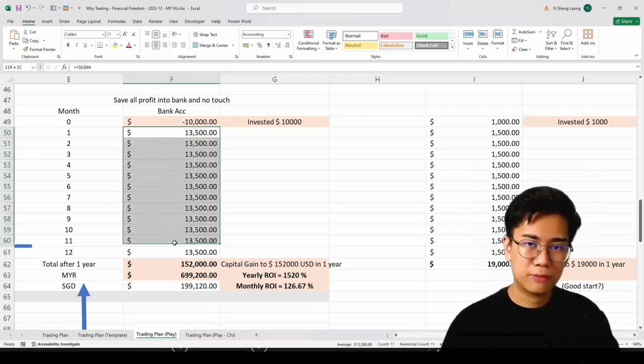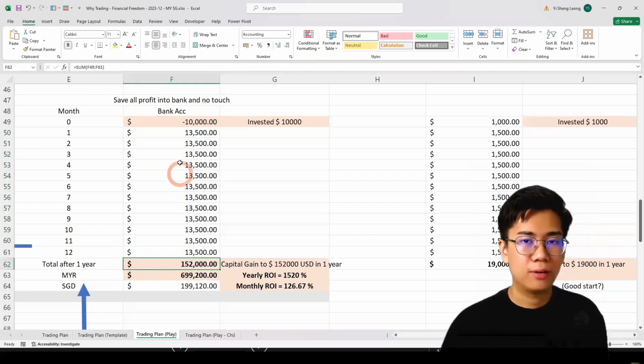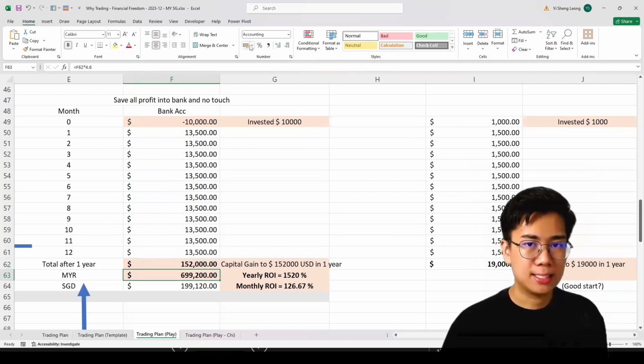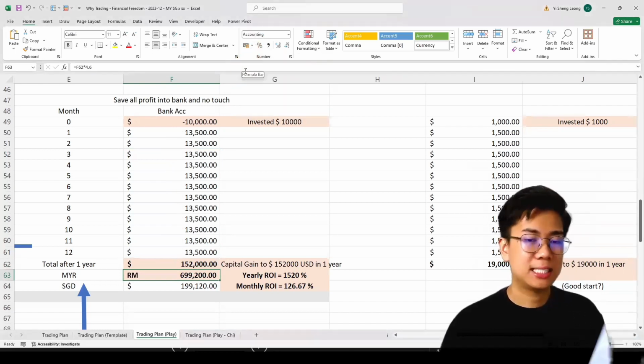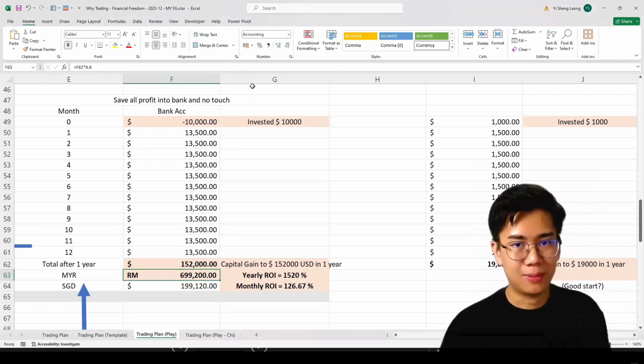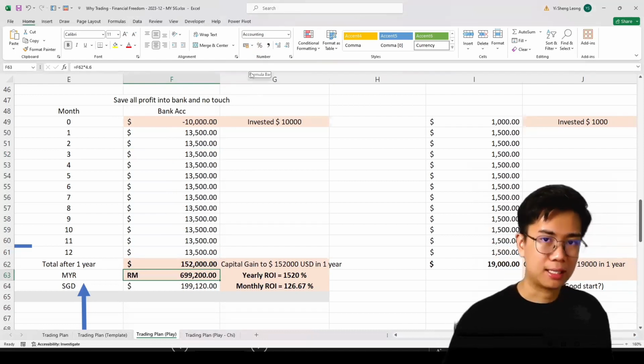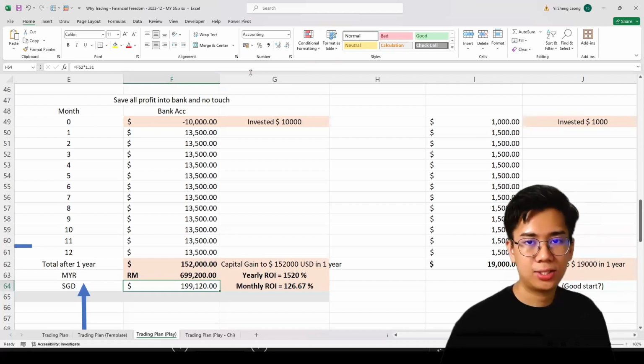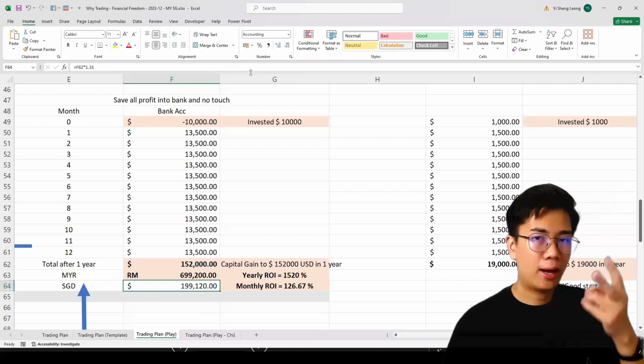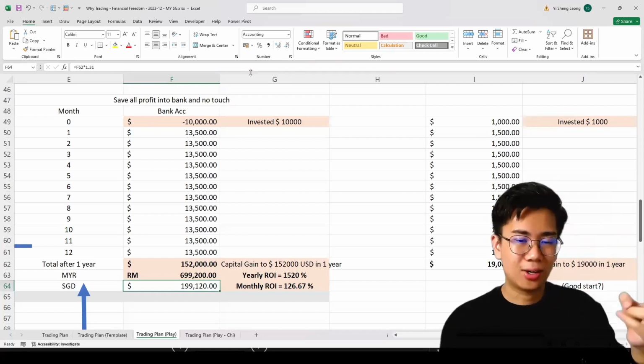Save it all the way to the end of the year. 1 year later, you will have 152,000 US dollars in your bank account, which is equivalent to 700,000 ringgit. Singapore dollar wise, I think the calculation should be correct, about 200,000 Singapore dollars cash in your bank account.